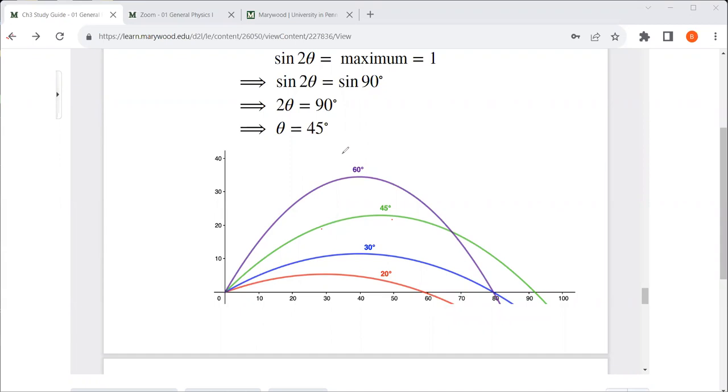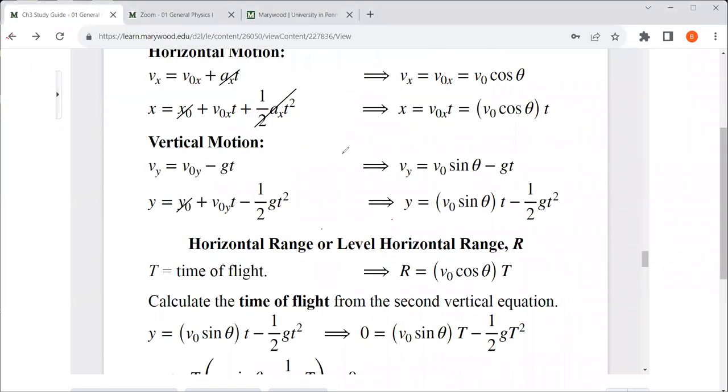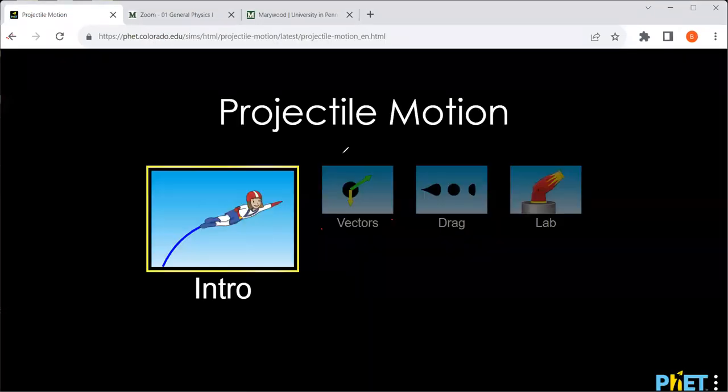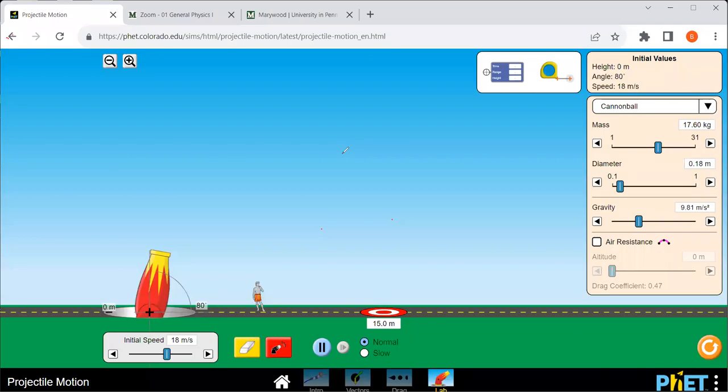Let me use it again and show you. Let me keep the initial speed as this, and now it is 80 degrees, so fire it.